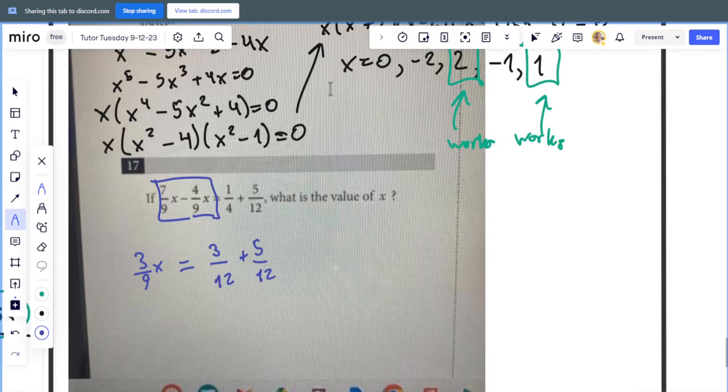So let's simplify that even further. We've got 1/3 x is equal to 8/12, which, if we divide everything by 4, is the same as 2/3. So if we multiply everything by 3, we get x equals 2, quite simply.